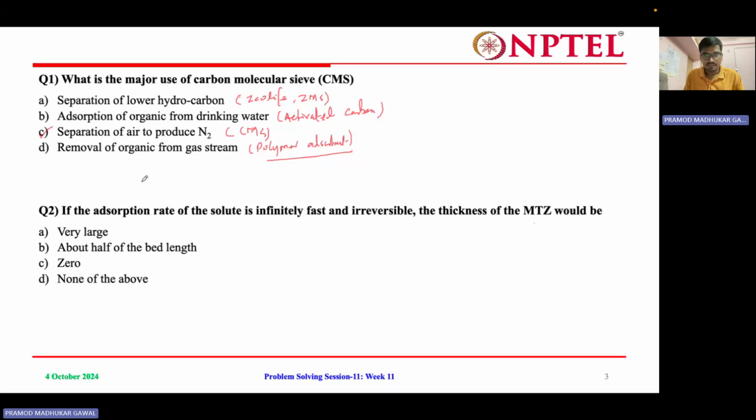Therefore, the MTZ, mass transfer zone, would shrink to zero thickness because solute concentration would drop to zero. So option C.